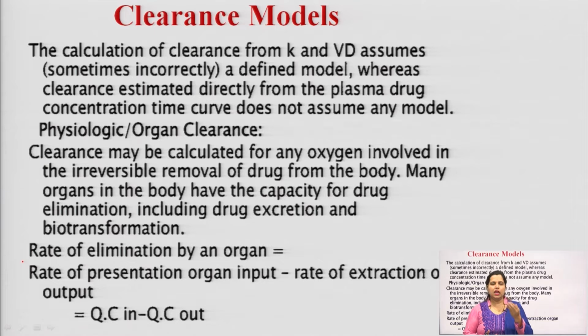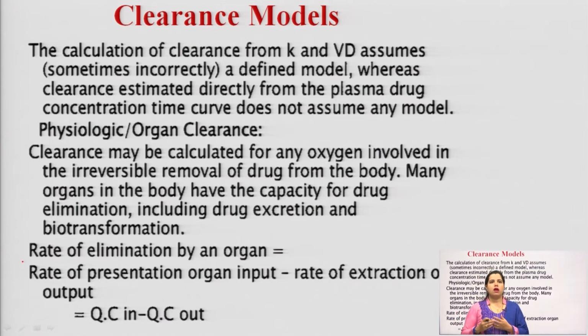Each organ has its own capability to eliminate the drug in a particular time period, based on its efficiency or condition of working. So, any drug can be eliminated by any organ in a different manner.